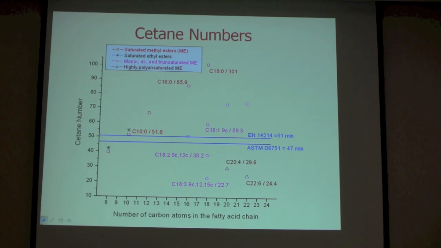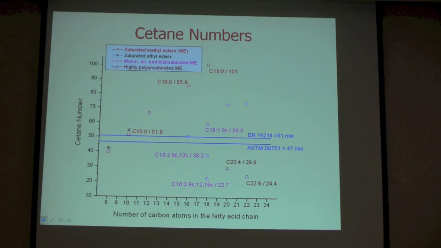So to get a biodiesel that meets specifications, obviously you have to have higher cetane compounds that can compensate for the cetane numbers of lower cetane compounds. I've also got up here in this brown color two components that you can find in some algal biodiesel fuels, the C20:4 and C22:6.